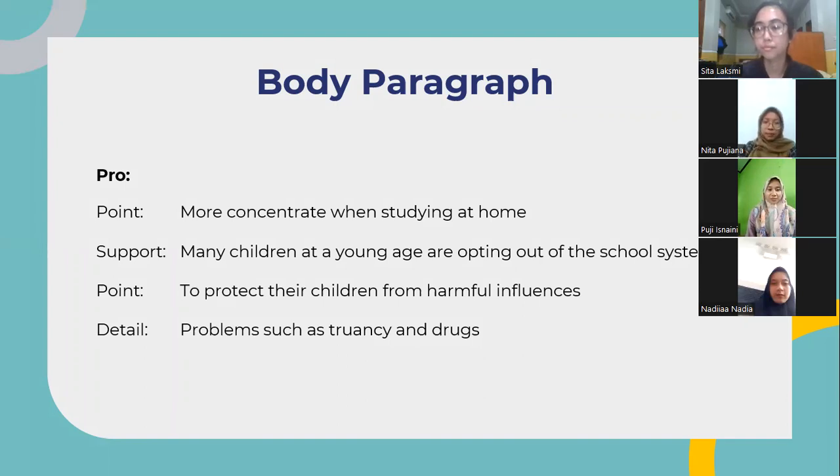Parents feel that they will also be able to protect their children from harmful influences they may encounter at school if they keep them at home. The point in the text: to protect their children from harmful influences. The last one, the detail. Problems such as truancy and drugs are common, and adolescents particularly can be led astray by their peers. The detail in the text: problems such as truancy and drugs.